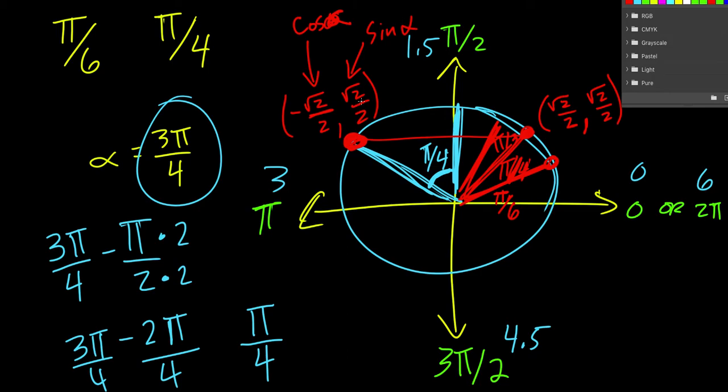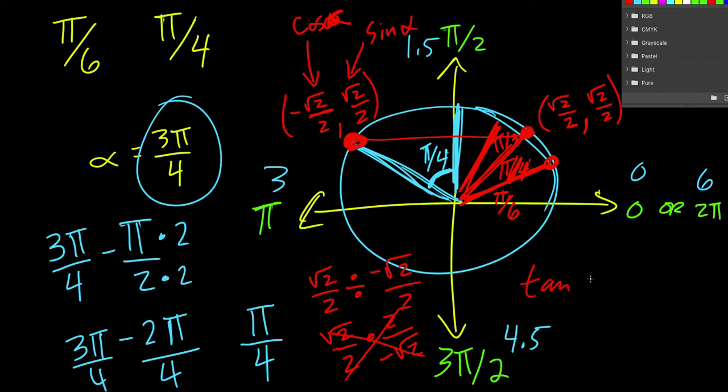And so it's square root of 2 over 2 divided by negative square root of 2 over 2. And so we flip that second one, and we multiply. Cancel, cancel, we have our negative still, and there's a 1. So our tangent alpha is equal to negative 1.